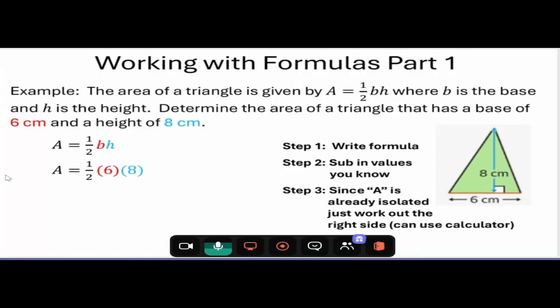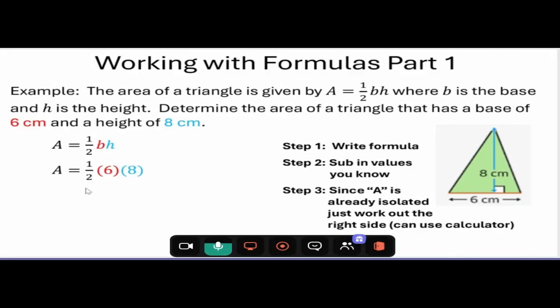And step 3, since we already have the thing that we want by itself, we're looking for the area, it's already by itself on the left side of the equation, right? Since we already have the A by itself, all we've got to do is work out the right-hand side. And usually you can just pick up a calculator for this.